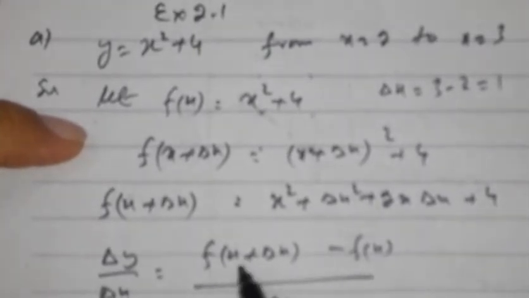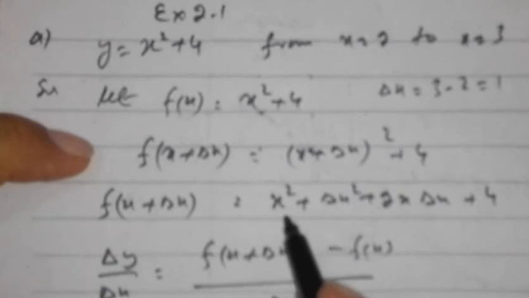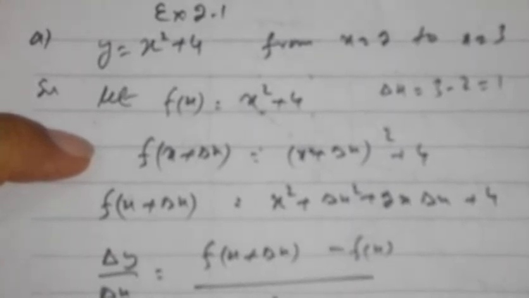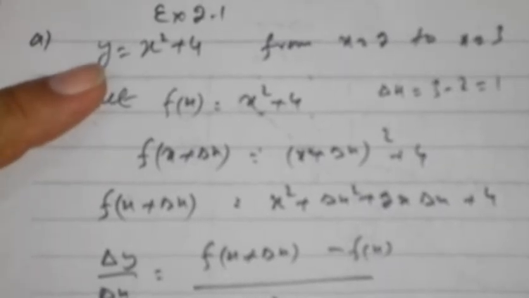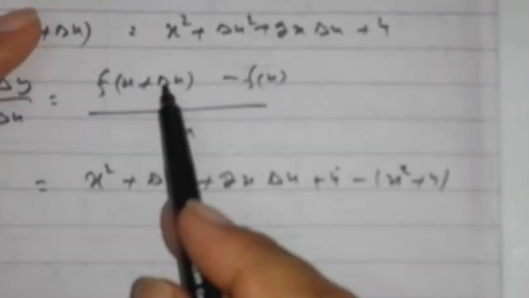So put the values here. x square plus del x square plus 2x del x plus 4 minus the f of x value, which is x square plus 4, divided by del x. Look here, the f of x plus del x value is this one, minus the f of x value, which is x square plus 4.